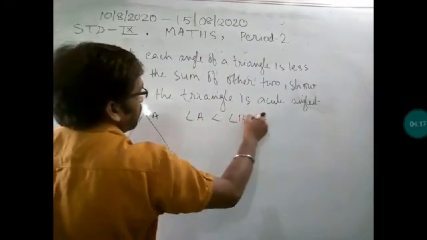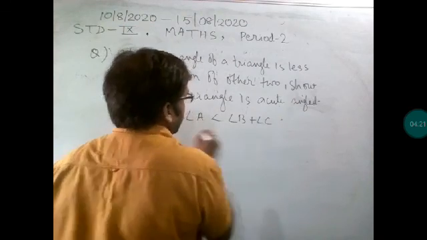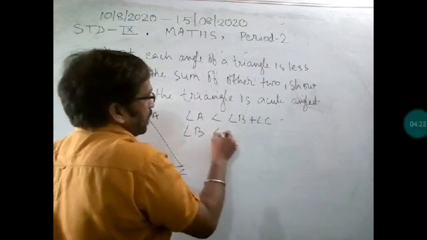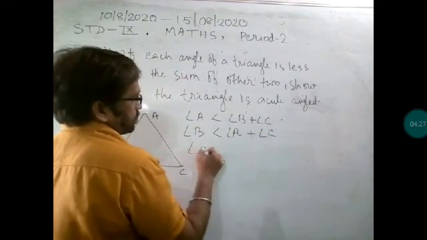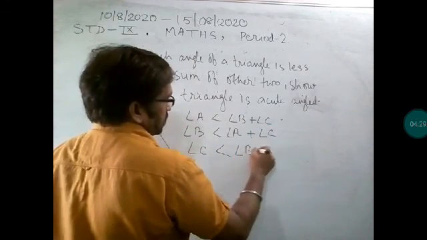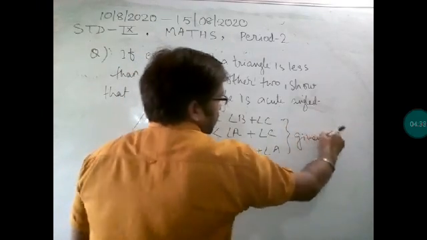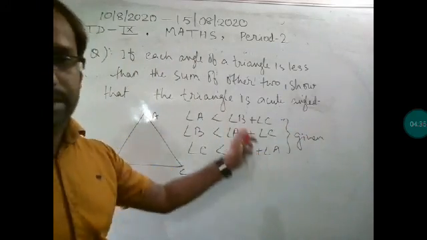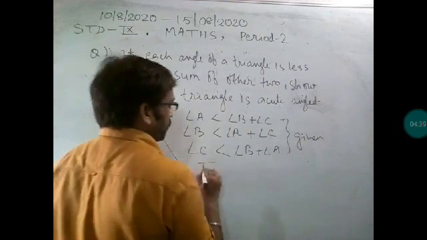Angle A is less than the sum of the other two, angle B and angle C. Similarly, angle B is less than angle A plus angle C, and angle C is less than angle B plus angle A. This is the given condition, which is very important, and we have to write it first.